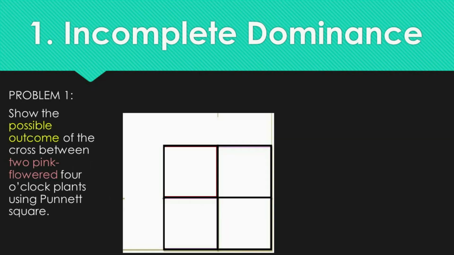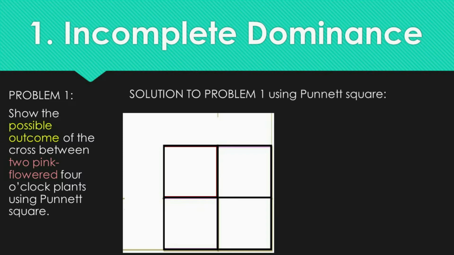Now, let's solve a problem on incomplete dominance. Show the possible outcome of the cross between two pink-flowered 4 o'clock plants using Punnett square. To solve the problem, we have to use a Punnett square. We'll put the genotype of the first parent on one side of the square and then the genotype of the second parent on the other side.